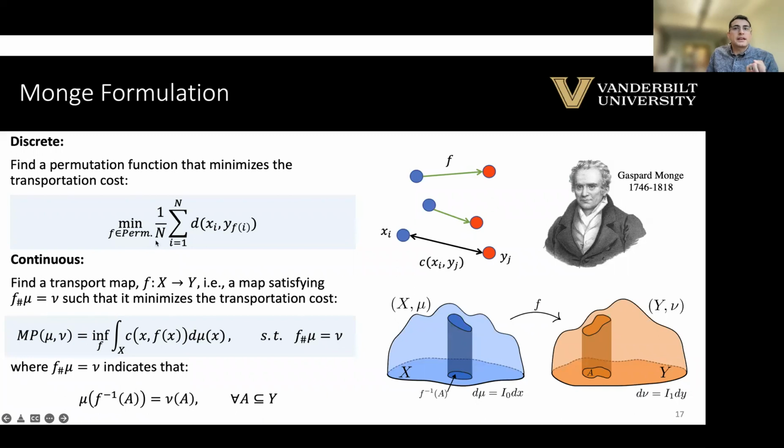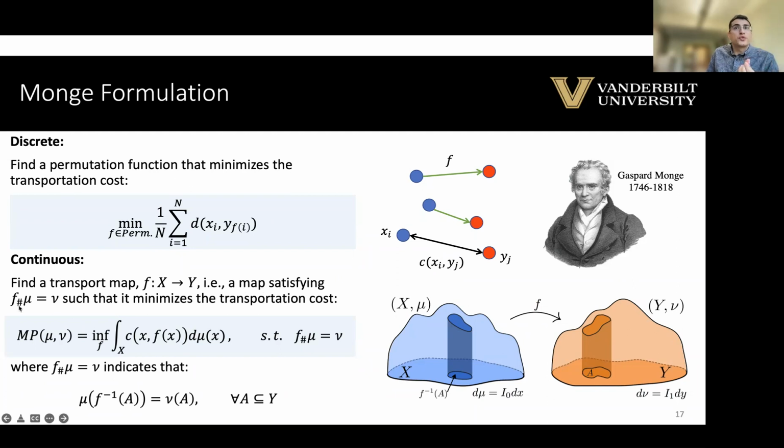And we are asking, like, among all such permutations, which one should we choose to minimize the cost? Sorry, this needs to be the transportation cost C. I'm just using D as a distance here, but this is essentially our transportation cost. And in a continuous setting, this transport map that goes from X to Y is a map that satisfies the following.